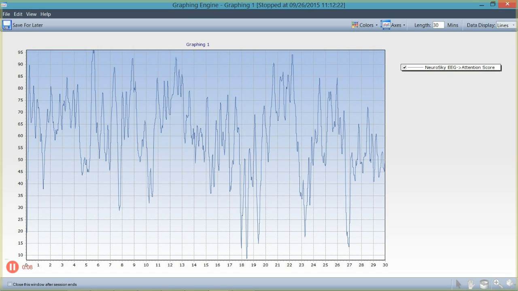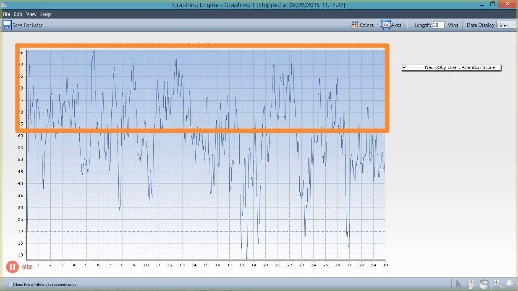So everything above 60 is what we're interested in. When you divide that off into the rest period, you can see, for instance, here during a rest period, there's still some high activity during that rest period.